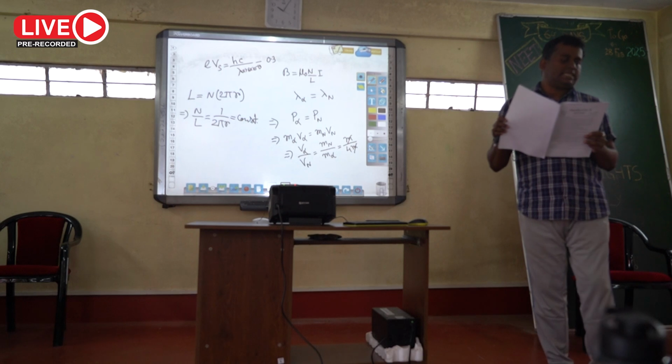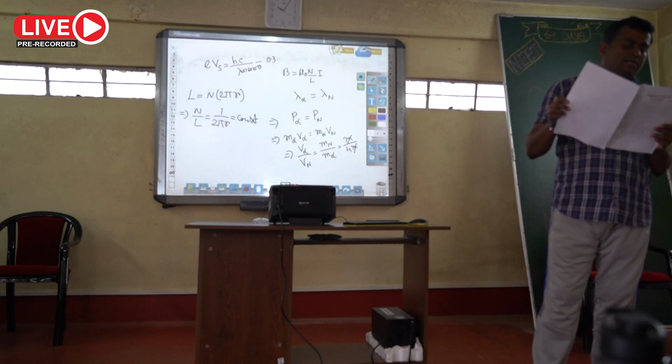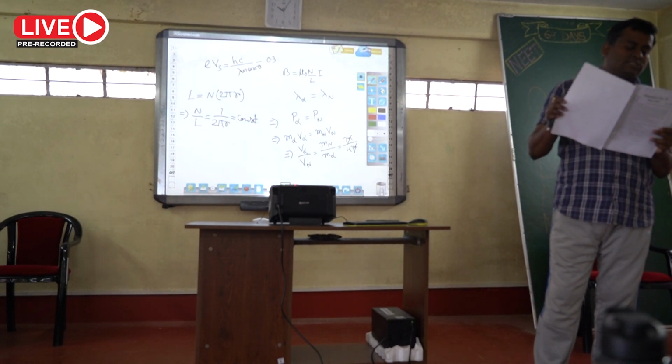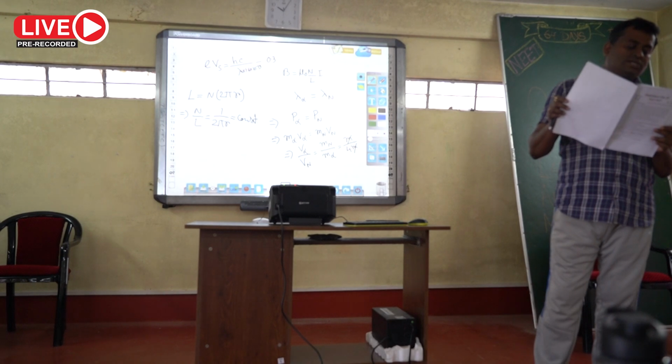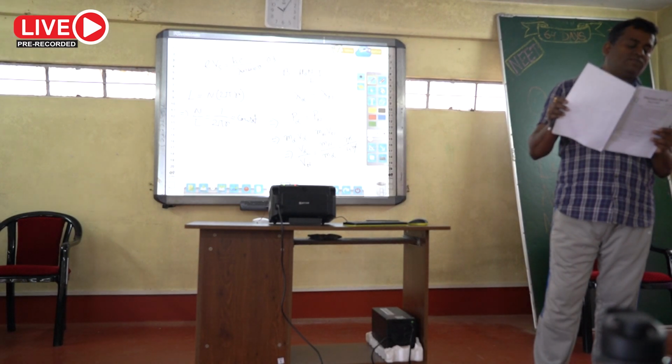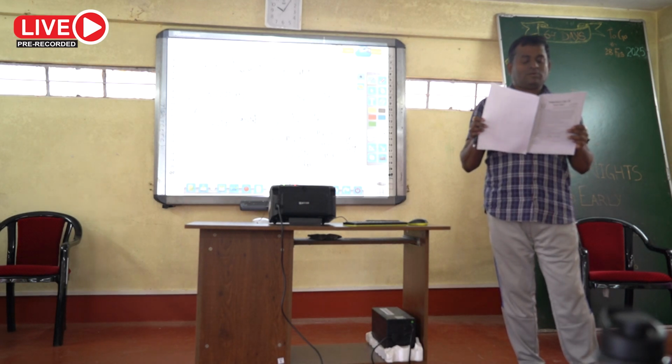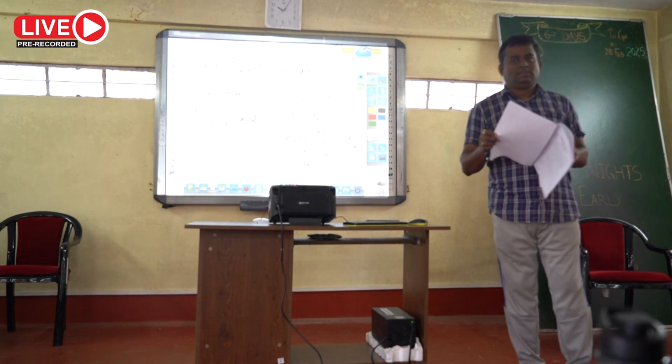Next question 56. Two plane mirrors are placed perpendicular to each other. A ray strikes one mirror and then after reflection falls on the other mirror. The ray after reflection from the second mirror will be.